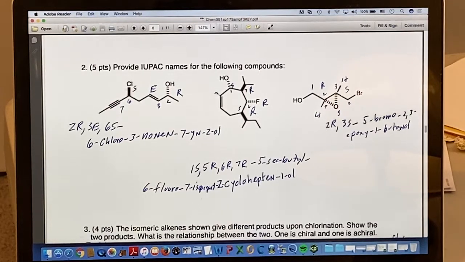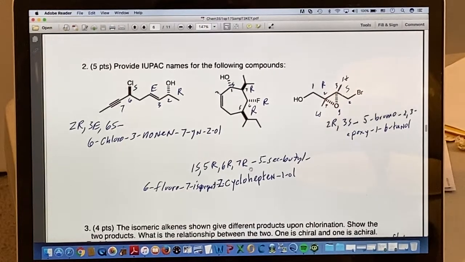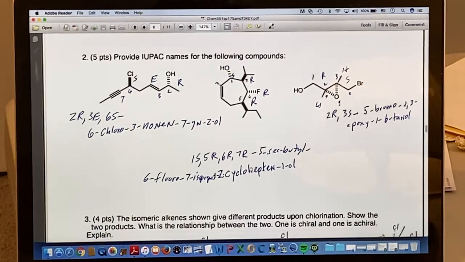The 1 position is the alcohol. 2,3 position is the epoxy. Okay, so you need that in the front. 2,3, you need two numbers for the epoxy, you see. And then 5-bromo, and then the stereocenters there. I think that's good. Yeah, we might have nomenclature, not that big of a deal. Let's see.